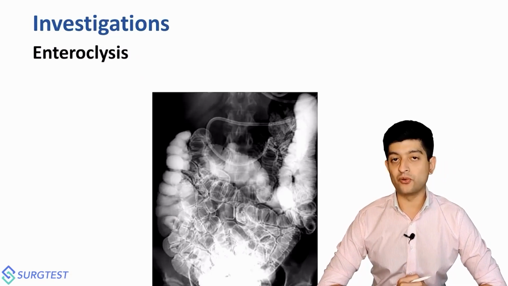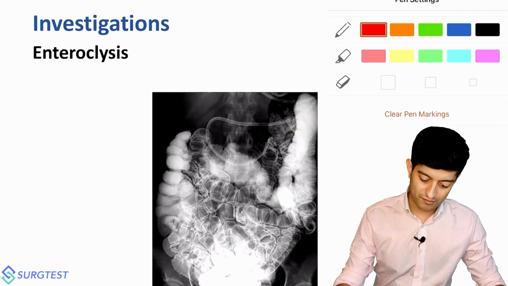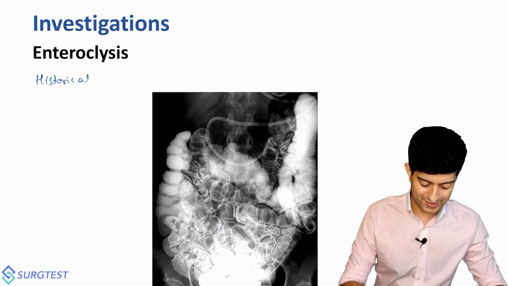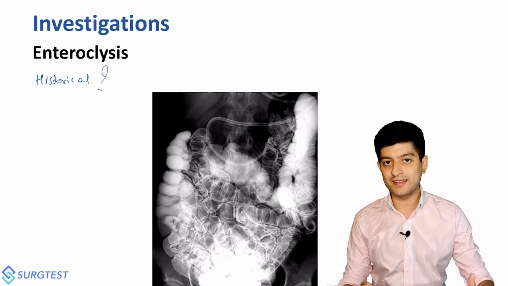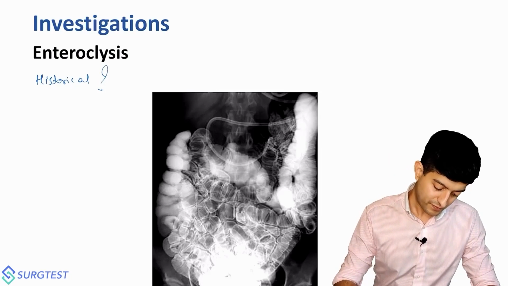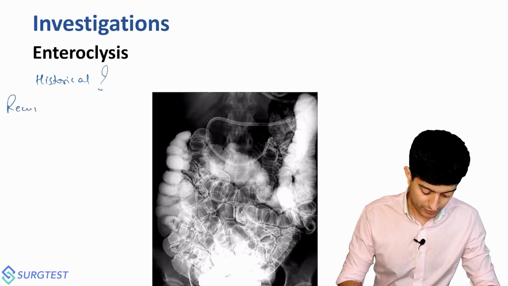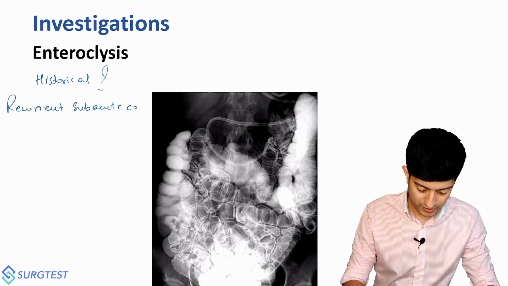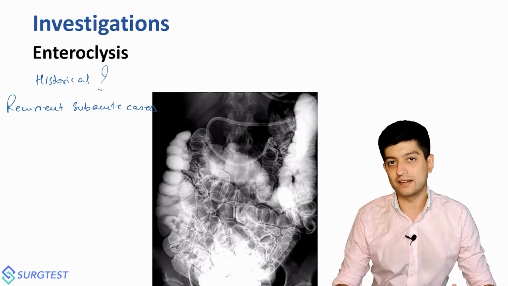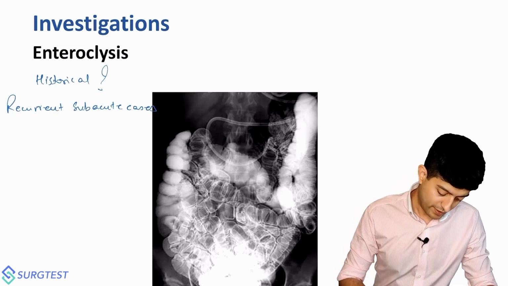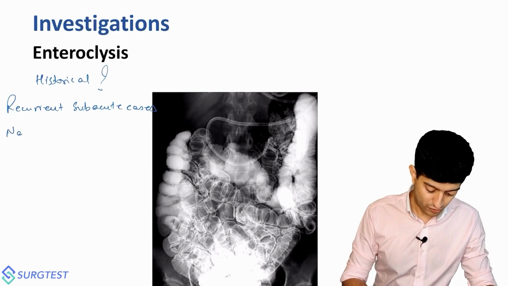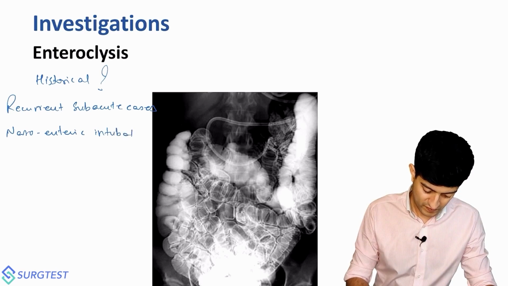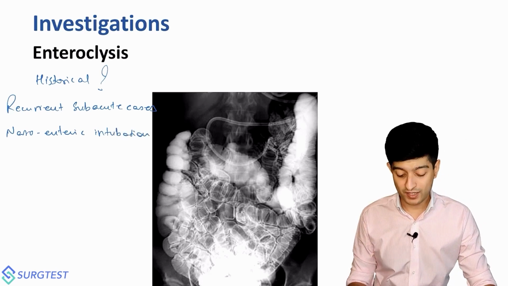What exactly is the role of enteroclysis? And you guys must especially be wondering, is it just of historical interest? Well, not really. Enteroclysis does have a specific role. You can perform it in recurrent subacute cases where the diagnosis is still a little up in the air. It involves nasoenteric intubation, which essentially means you're having an NJ tube inserted.